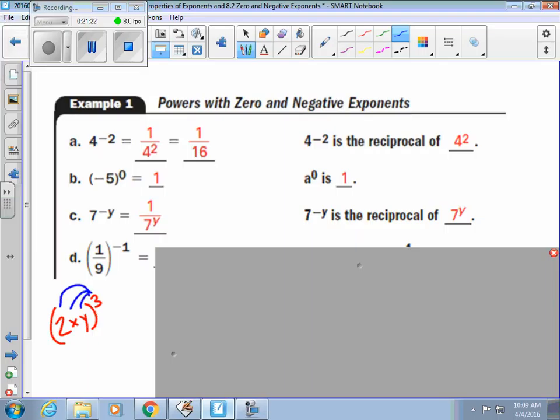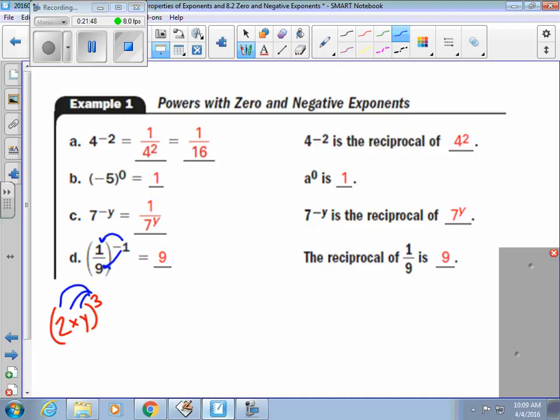When you have a fraction like this, 1 over 9, you do the same thing. 1 gets the negative 1, and 9 gets the negative 1. Since 1 is being raised to a negative 1 and 9 being raised to a negative 1, 1 needs to ride the elevator down, 9 needs to ride the elevator up. Or you could think of it simply as the reciprocal. 1 over 9, when you use the reciprocal, it becomes 9 over 1, which is simply 9.